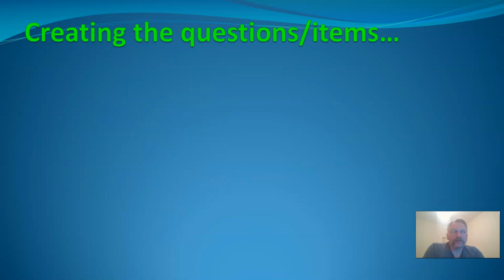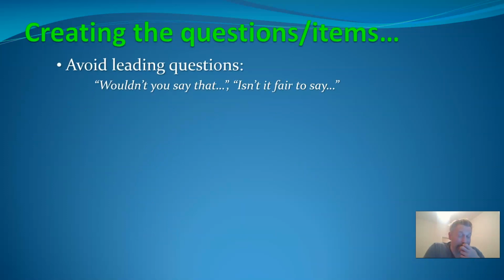Okay, so in terms of creating the items themselves, there's a whole slew of rules that you should follow, which makes sense if you think about it, because if you introduce some kind of ambiguity or some potential for asking leading questions, you might influence and bias the responses you get from your participants.